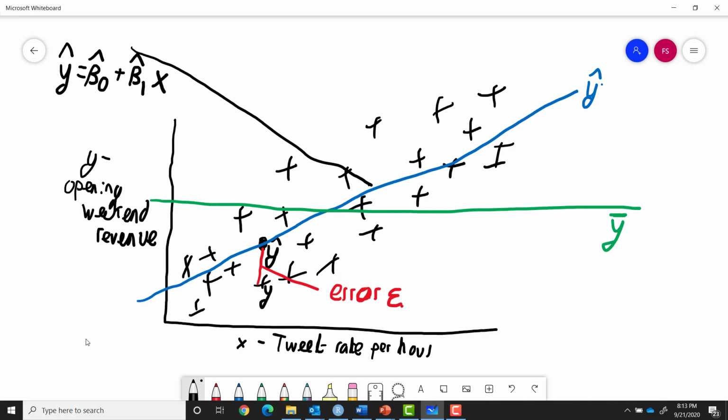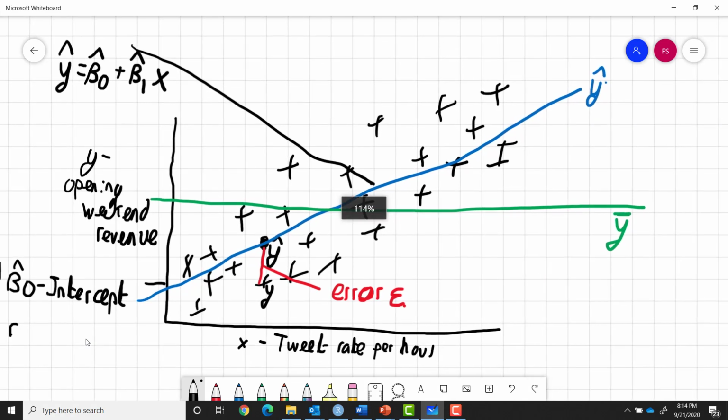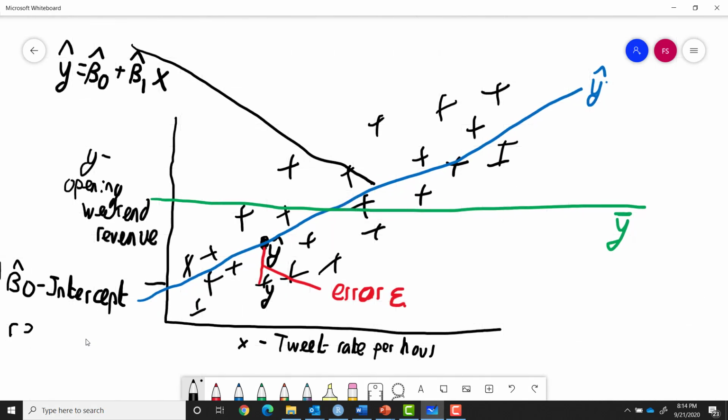Well, beta hat 0 is just the intercept. In this example, this is the revenue where X equals 0, or has no buzz.